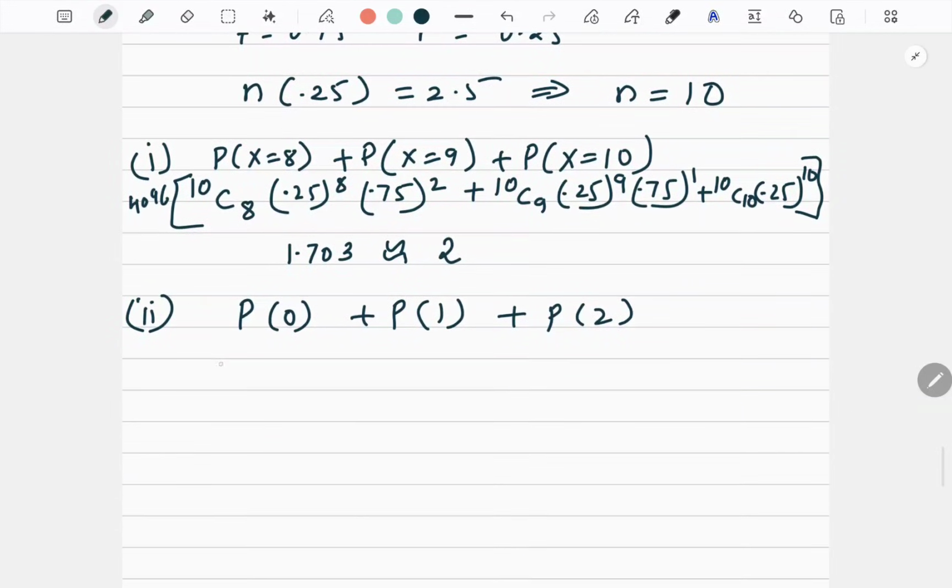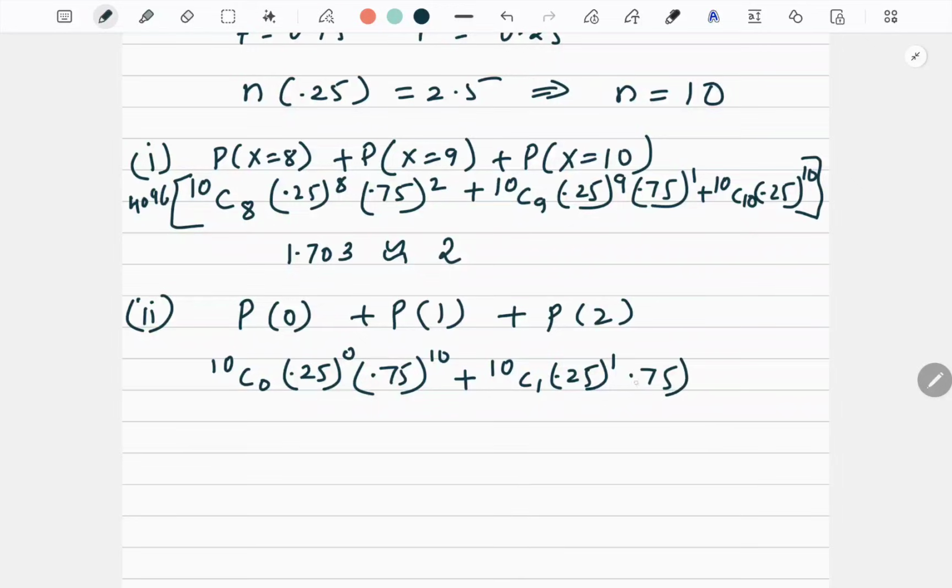Right? What is probability of 0? 10C0 P to the power 0 Q to the power 10 minus 0 is 10. Okay. Plus 10C1 P to the power 1 Q to the power 9 plus 10C2 0.25 to the power 2 0.75 to the power 8, and this has to be multiplied by 4096 to get the answer.